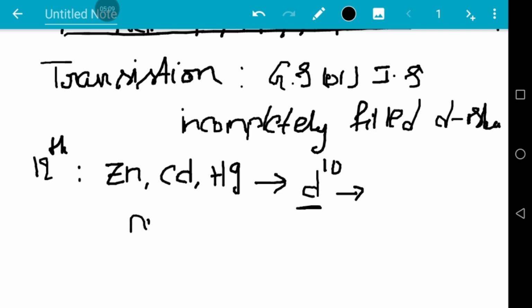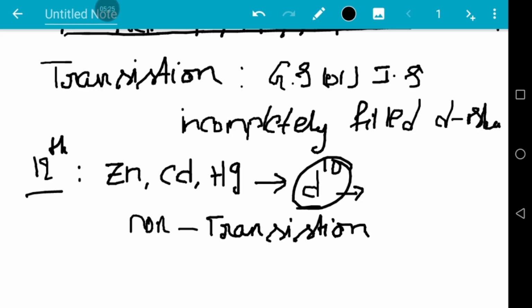These are non-transition elements. Why? Because the 12th group has d10, completely filled d orbitals. So that's why they are non-transition elements.